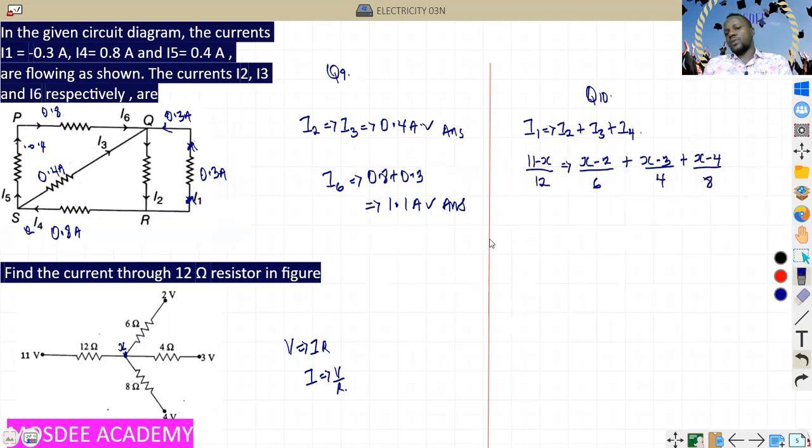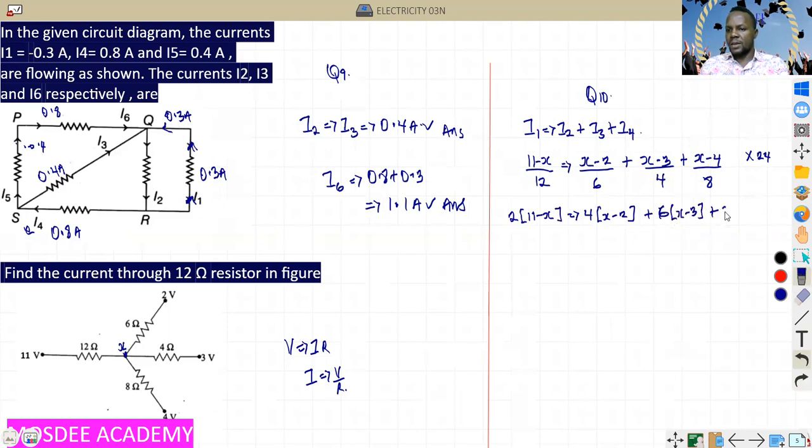So the rest is just, you can do it anyhow you know how to do it. I can go by LCM of this. I think the best LCM for this is 24. So multiplying by 24, you can go for LCM your way. 12 times 2 are 24. 2 here, 11 minus X is going to give me the same. 6 times 4, X minus 2. I hope you can do this. Then plus 4 times 6, X minus 3.